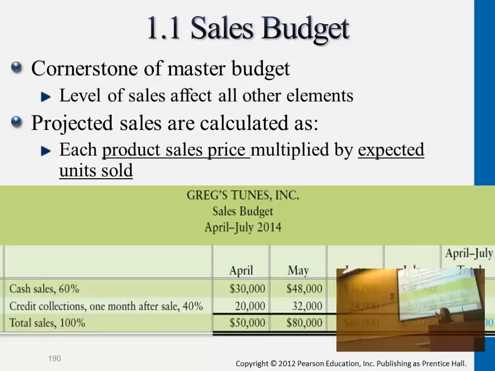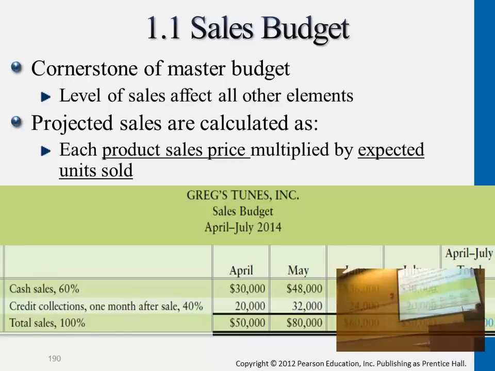We're not actually collecting the whole amount by cash, but only 60% of it. So $30,000 we'll actually collect by cash, and then the $20,000 will be deferred to a later month. Okay, same for May. We're only collecting 60% of this, and 40% defers to next month. The same goes on for each and every month.